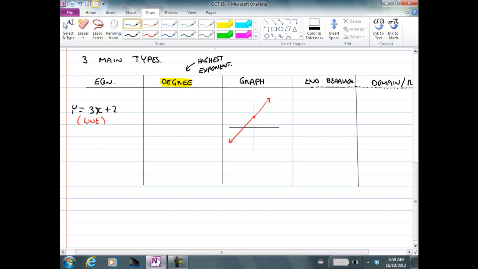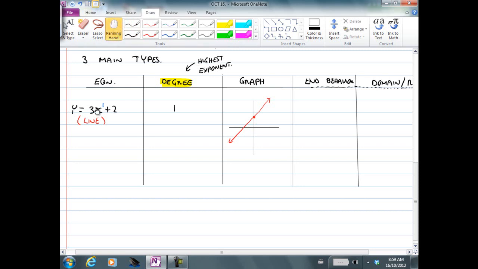Not 3. 1. Because your exponent here is a hidden 1. Your highest exponent for x is 1. There's a hidden 1 right here. So what's your highest exponent? 1. That's your degree.